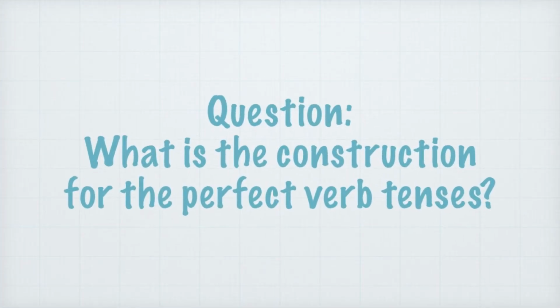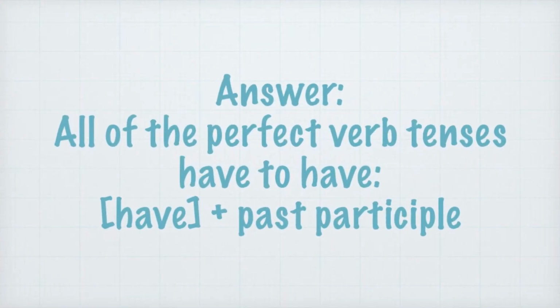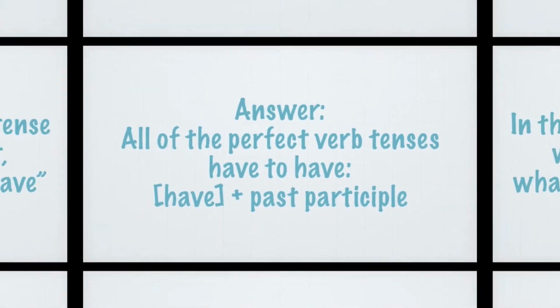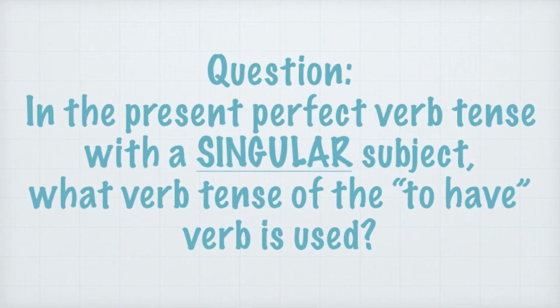What is the construction for the perfect verb tenses? All of the perfect verb tenses have to have have plus past participle. In the present perfect verb tense with a singular subject, what form of the to have verb is used?